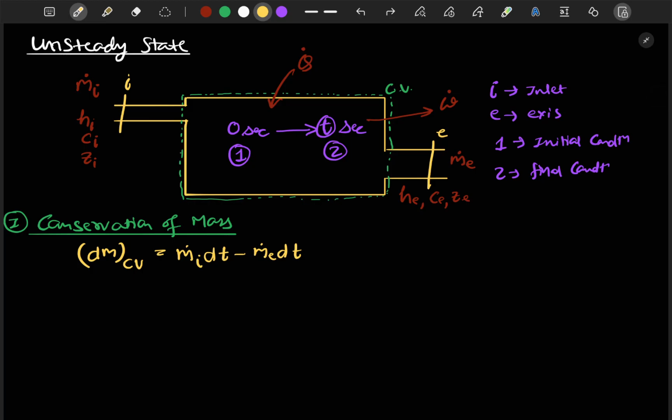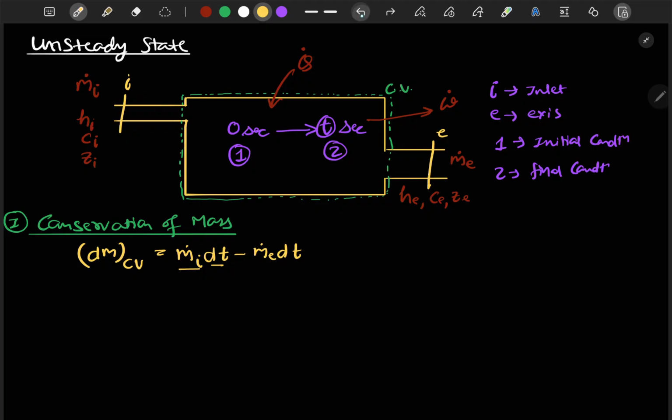dm CV indicates the mass accumulated inside the control volume over time dt, that is dt times the entry mass rate minus dt times the exit mass rate.